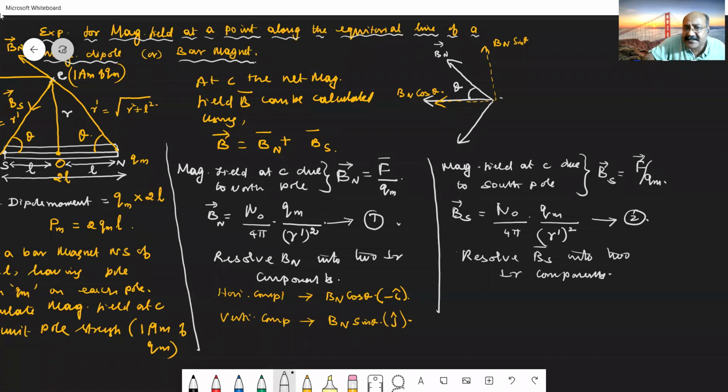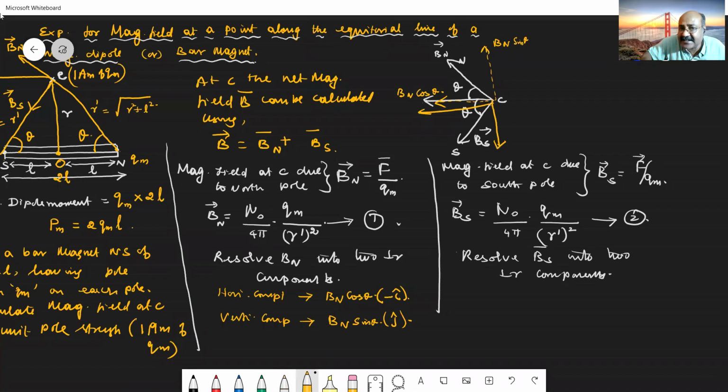This point is C. At this position you are having S, here you are having N. Along this direction, we are getting BS vector. So this angle is also considered to be theta. Now you resolve this BS, one along the horizontal direction and another along the vertical direction.